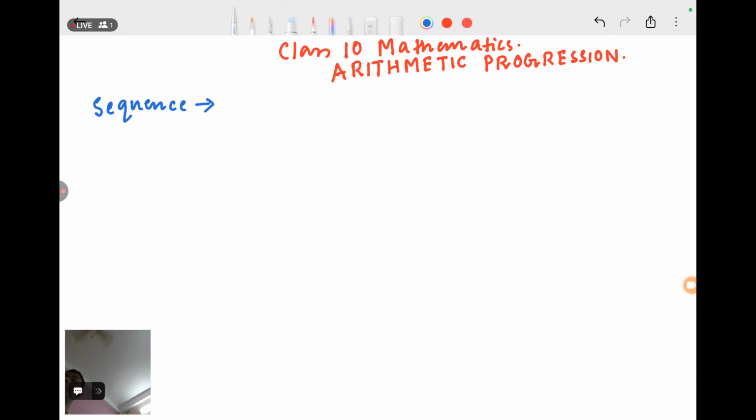So we can say that a sequence is a group of numbers which is arranged in a definite order.